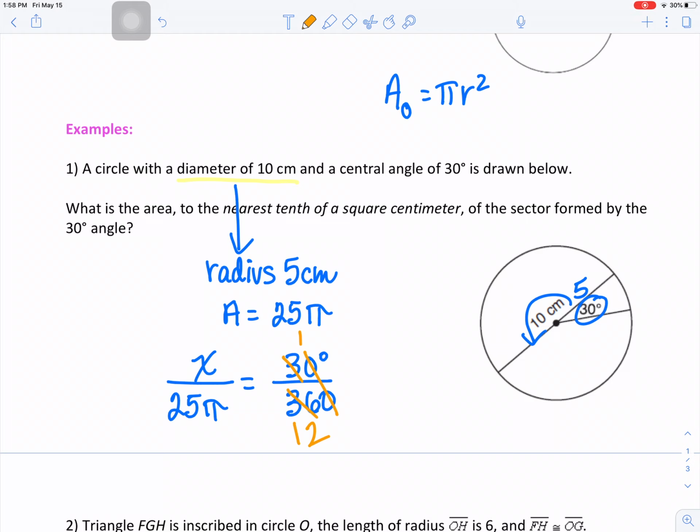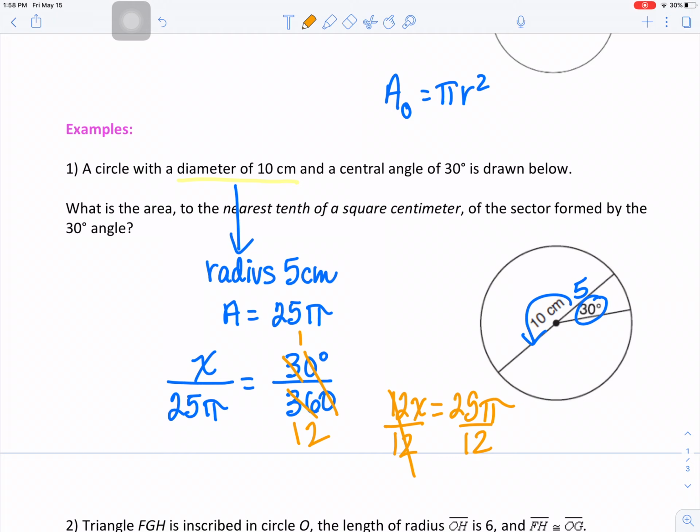You could have done this on the problems on 06, but I just didn't want to complicate things for you. But if you see shortcuts like that, things that reduce, by all means, go ahead and use them. So when I cross multiply now, I end up with 12x equals 25 pi. And I'm rounding, so I'm going to divide by 12.